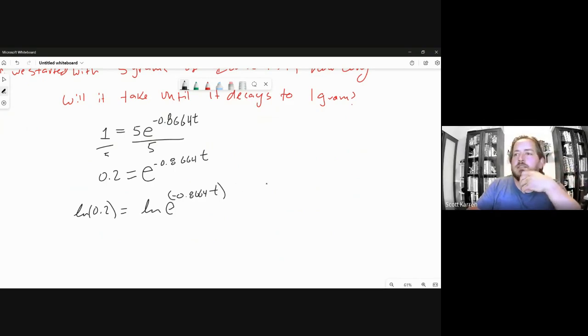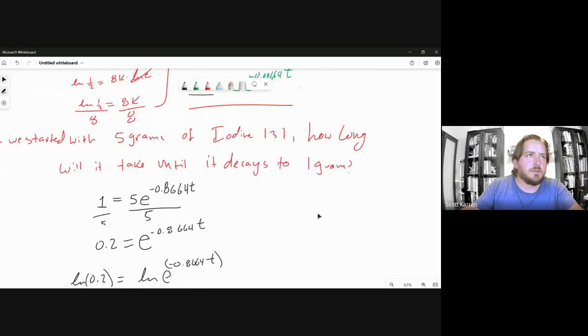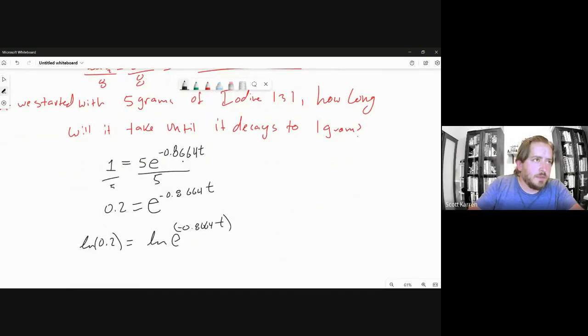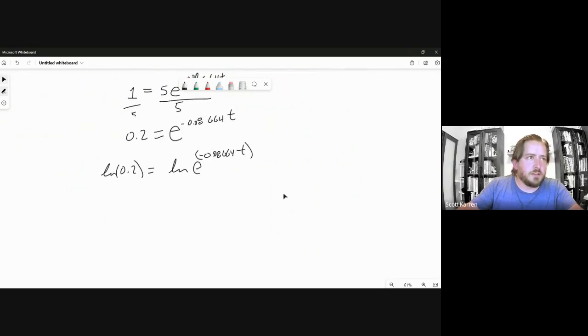This whole exponent, the negative 0.08664 t. I'm missing a 0 in there, aren't I? I am. That whole thing comes down as a multiplier. And so this becomes natural log of 0.2 equals negative 0.08664 t times natural log of e, but that natural log of e is 1.